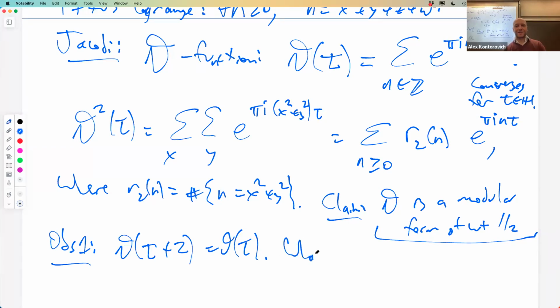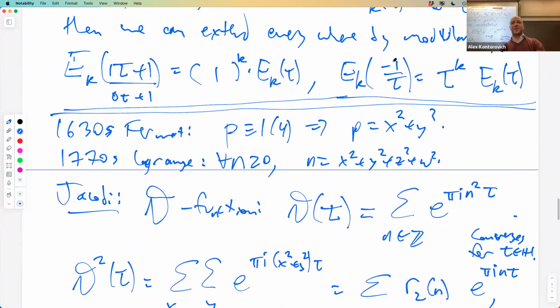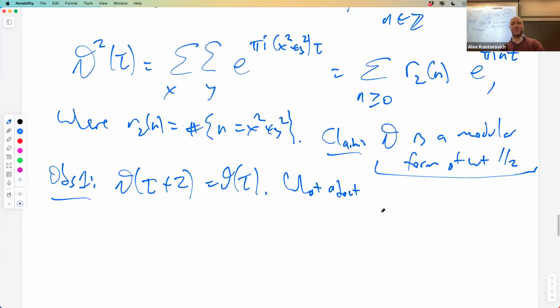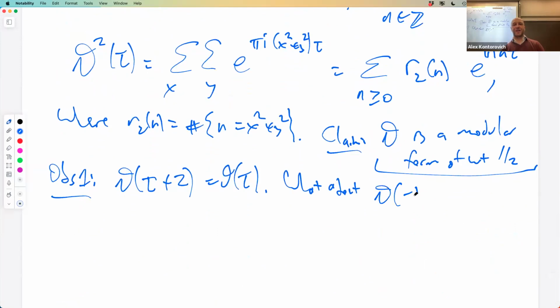What can we say about -1 over tau? So we have translation not by 1, but by 2. What about -1 over tau, can we say anything about theta of -1 over tau? In fact, we can, and in fact, it's easy to do, given everything you already know.